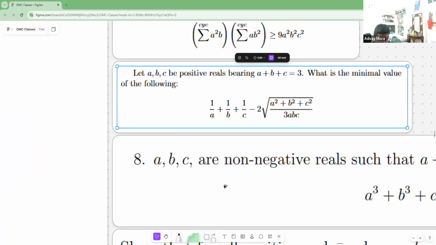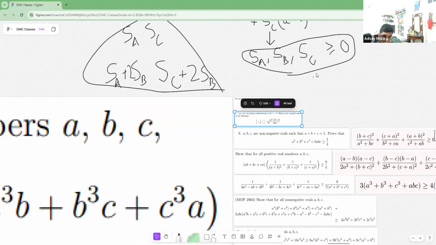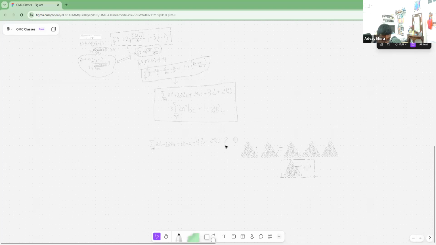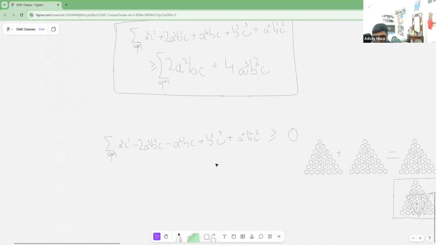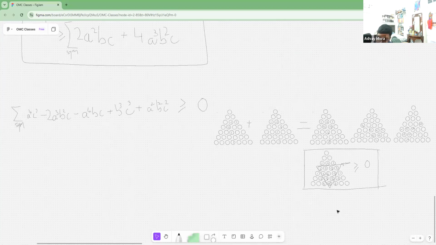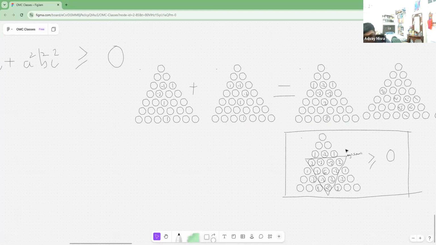Without using the notation, is that what you're asking? Yeah, so if you want to solve this without using the notation, you'll get this. And then if you look at this for long enough, you'll notice that this Schur's over here is equivalent to, just a sec.